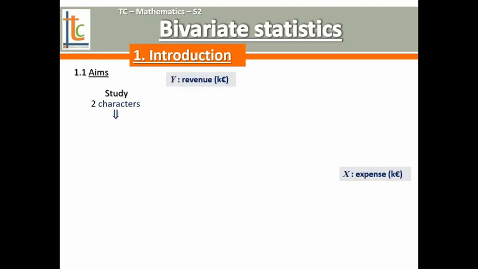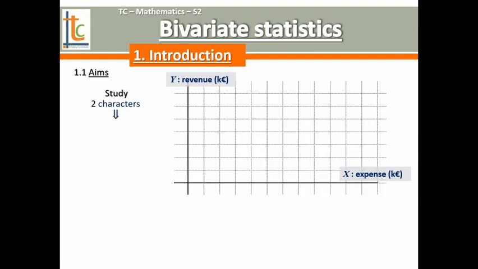I took the example of companies from which we took the expense in advertising, denoted X, and the revenue that followed the advertising, denoted Y. The expense and revenue led to a data series of values.